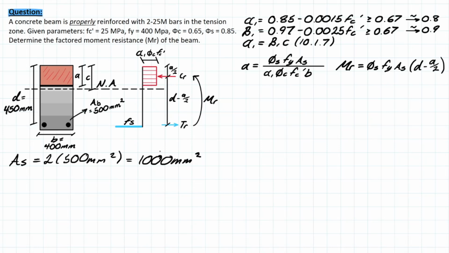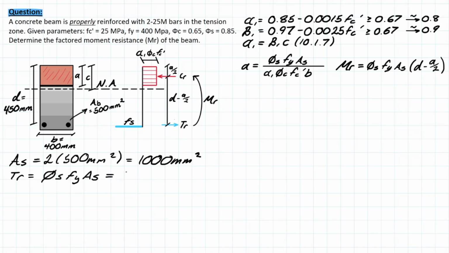Now, the second part of this problem would normally be to solve for d, but that's given to us. And we are also given that Fy is the design variable that we're going to use. So we can move straight along to solving for what Tr is. We know that Tr from our theory is just this section of the formula right here. So Tr is going to equal phi s Fy As.